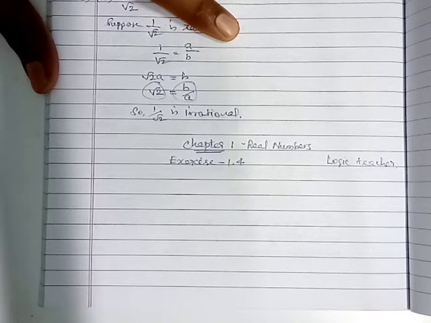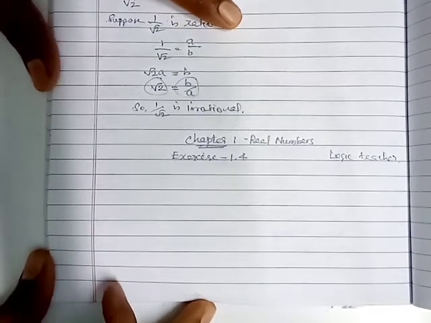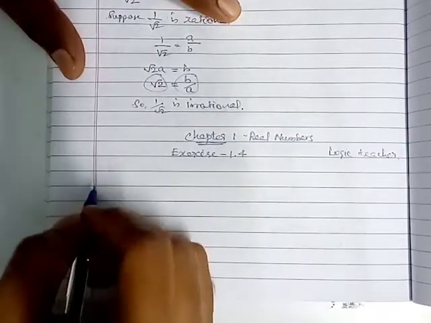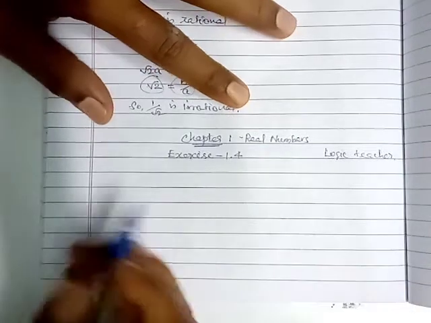We can do it by the prime factorization method. You have to factorize the denominator and you can find whether it is terminating or non-terminating repeating. First you should know the logic behind this.